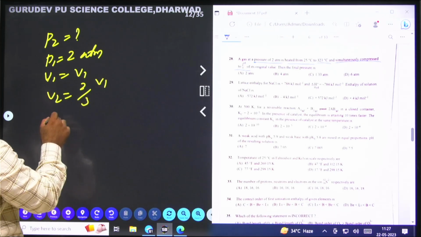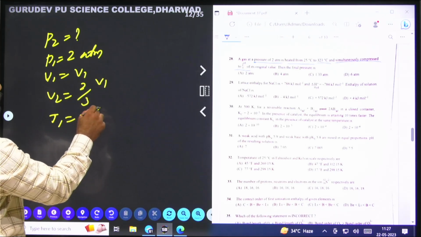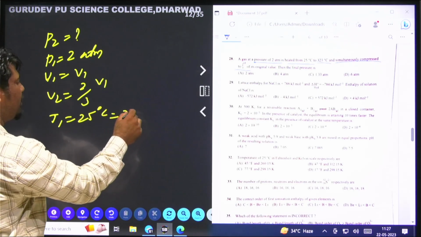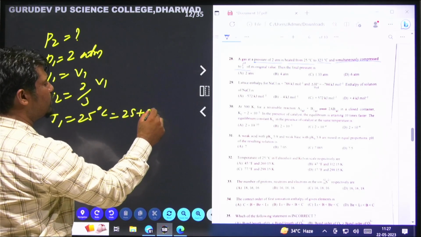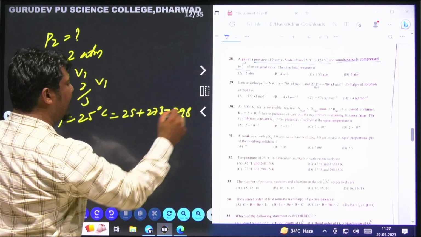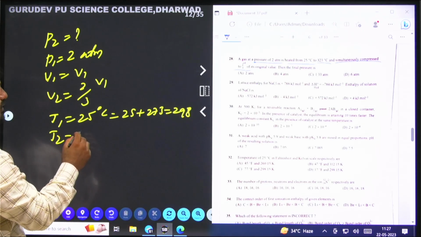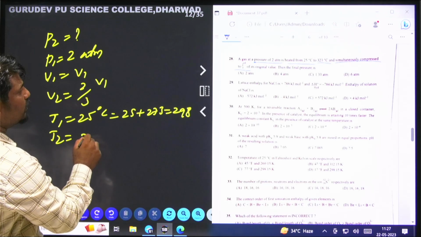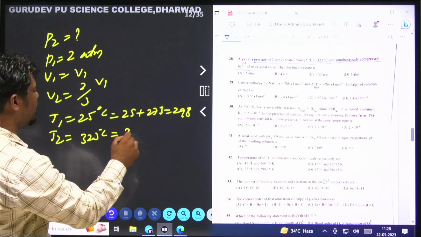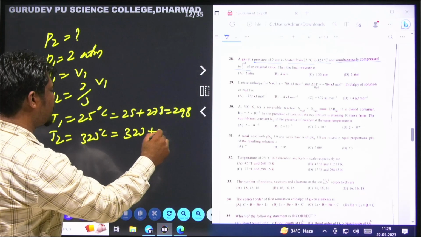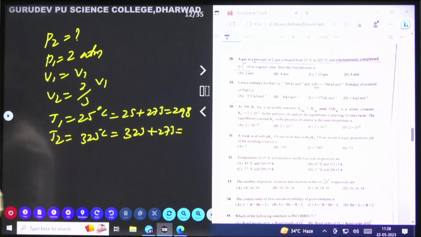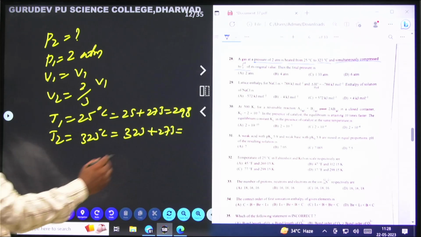The temperature T1 is 25 degrees Celsius. Converted into Kelvin, 25 plus 273 becomes 298 Kelvin. Then T2 is 323 degrees Celsius. So 323 plus 273, we just add those two values and get the sum. That value is approximately 596. It will become 596.